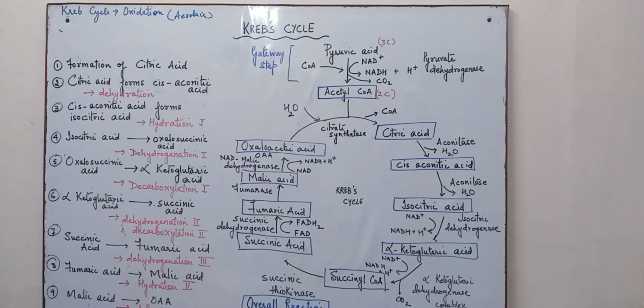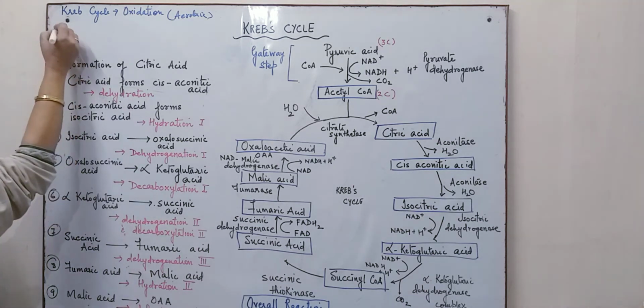But before the pyruvic acid enters the Krebs cycle, it moves from the cytosol, or the cytoplasm, to the mitochondrial matrix.